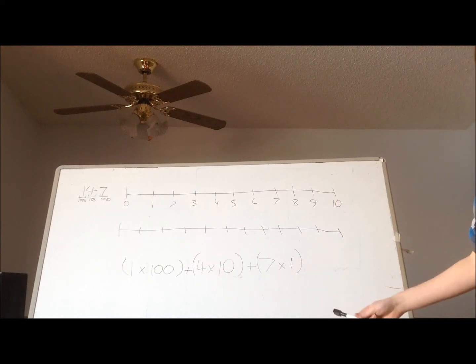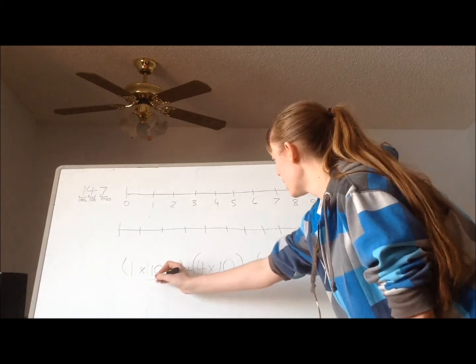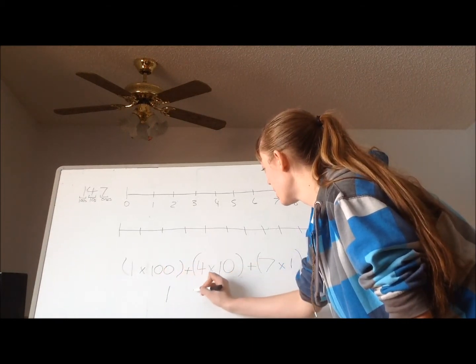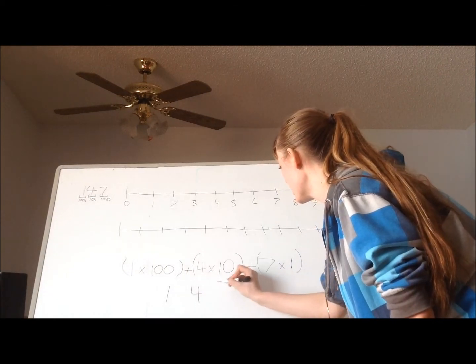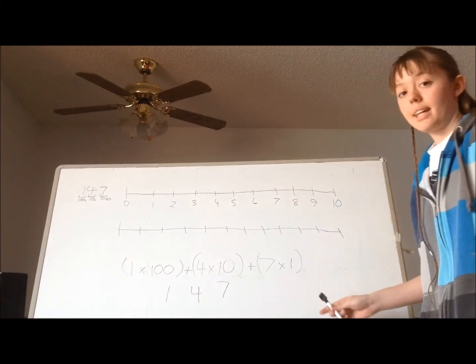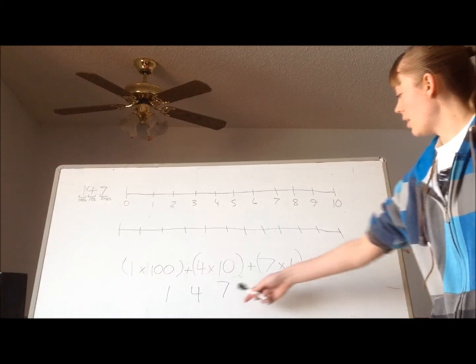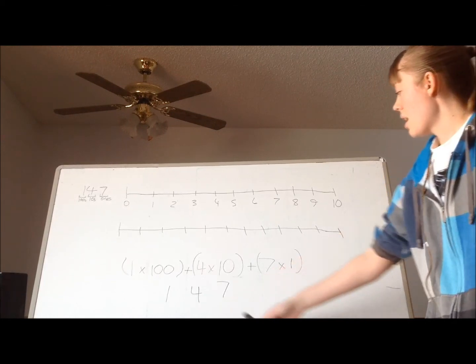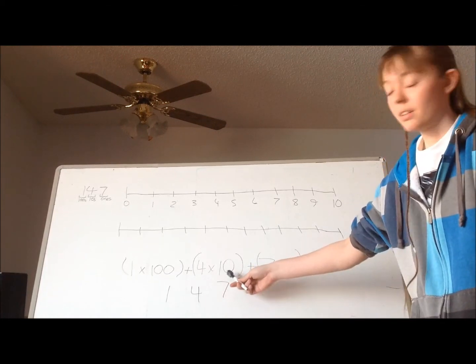So all this is saying, once you write it all out, is 147. But you can break that down further and say there are 7 ones, there are 4 tens, and there is 1 hundred.